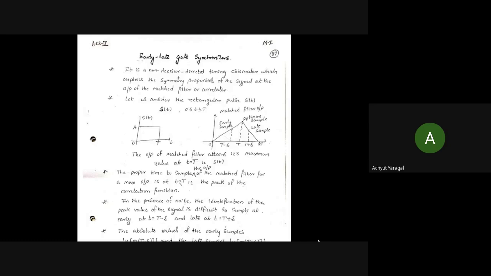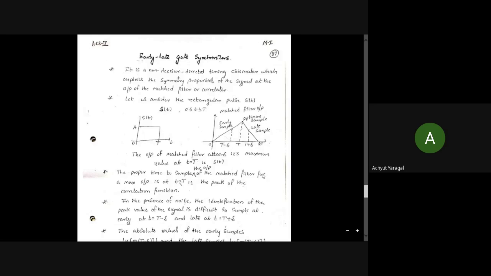Identification of the peak value of the particular signal is difficult in the presence of noise. So to handle that, we have the early and late synchronizing effect: at small t equal to capital T minus delta we are going to collect the early samples, and also at T plus delta we are going to collect the samples.